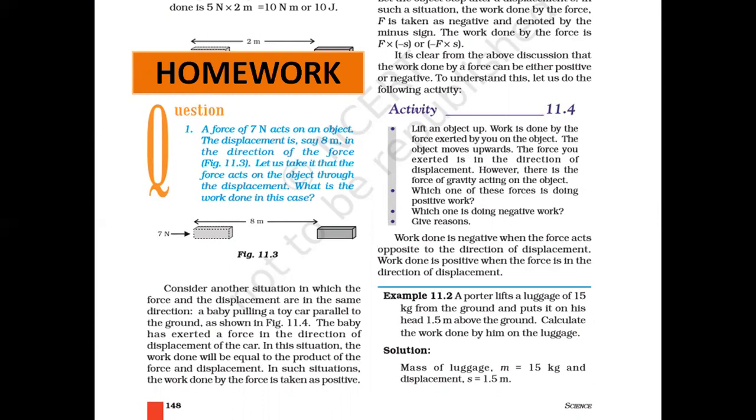The expression was given as W is equal to F multiplied by S, and it was expressed in terms of joules. And we saw 1 joule is equal to 1 Newton times 1 meter. And we use the unit joules in honor of the scientist James Joule. And we learned the expression, how we can use it to solve several problems.